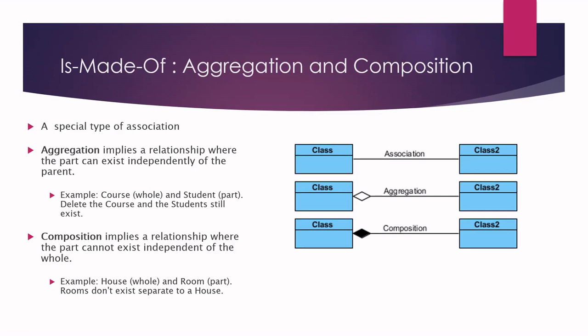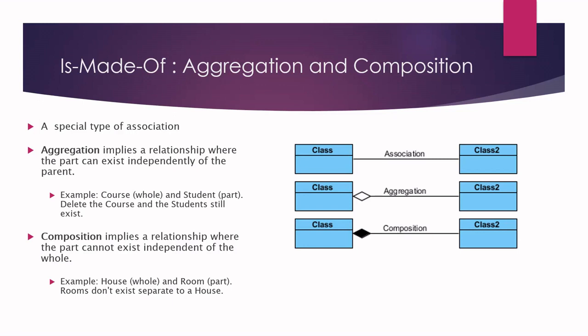But when you have something like house and room, or chair and legs, or car as a whole and wheels, when the car object disappears, there is no point of the wheel objects remaining. Or if the chair object is deleted, there is no point of having the legs objects remain. Okay, so that kind of relationship is called the composition.